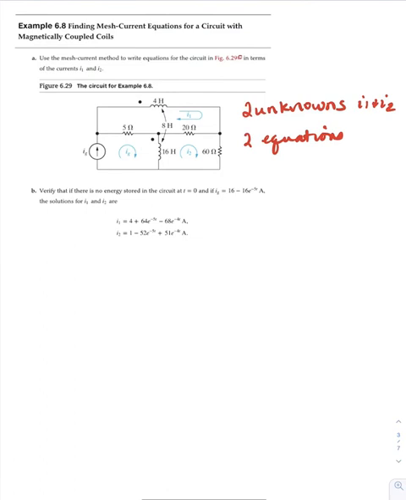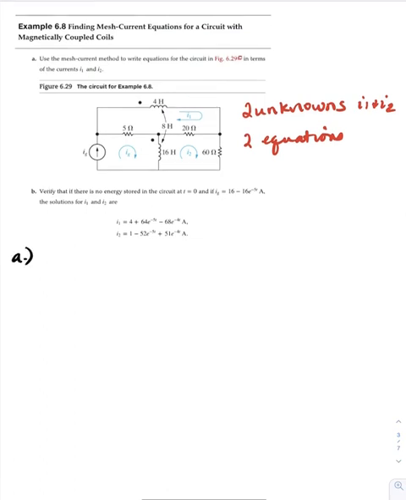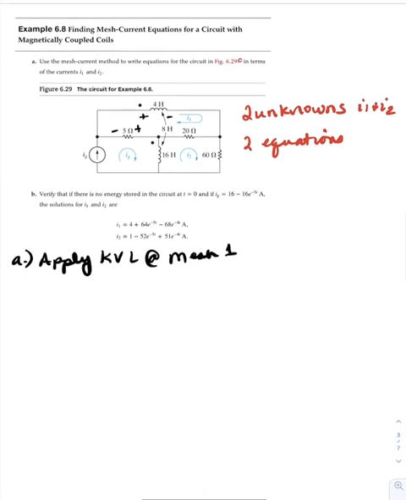Apply Kirchhoff's voltage law at mesh 1. Let's set up our polarities here.